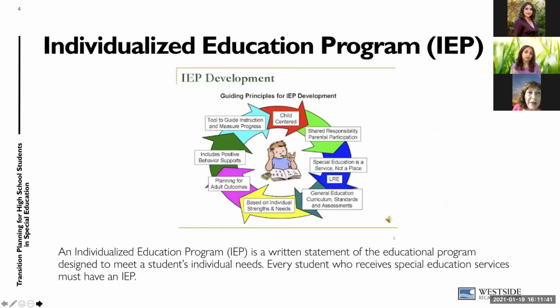The IEP is a written statement of an educational program designed to meet each student's unique and individual needs. Every student who receives special education services must have an IEP. An IEP can start from preschool if that's the level of need that's been determined, or it can start at grammar school, or at high school. But the IEP is the framework.